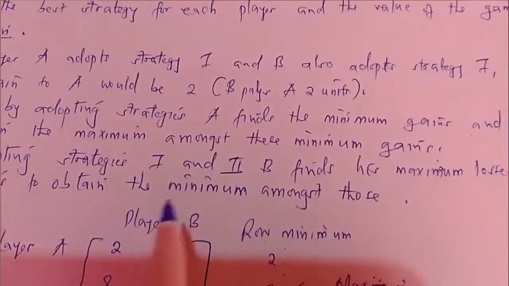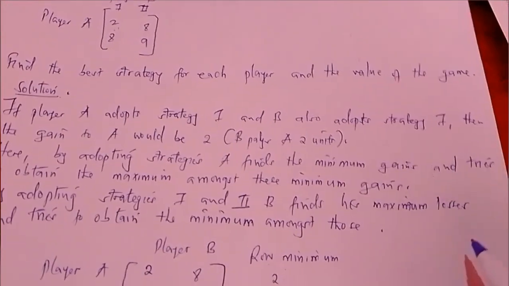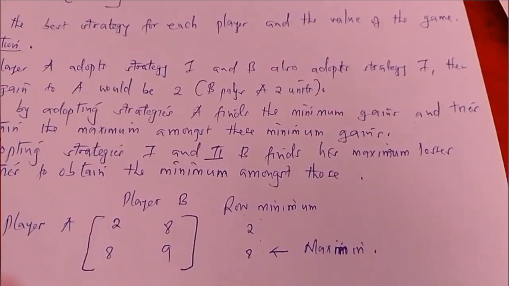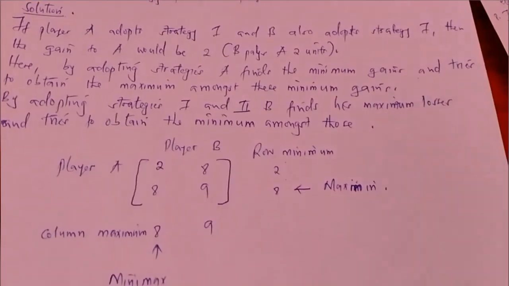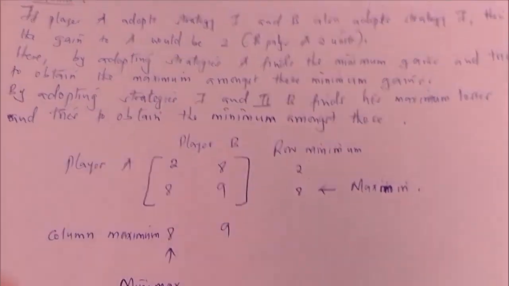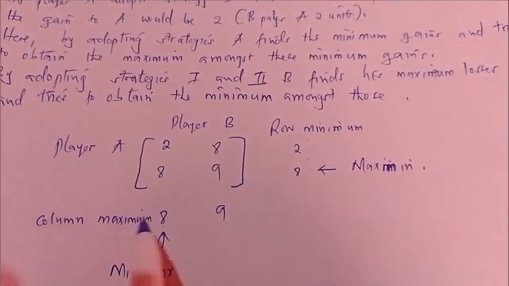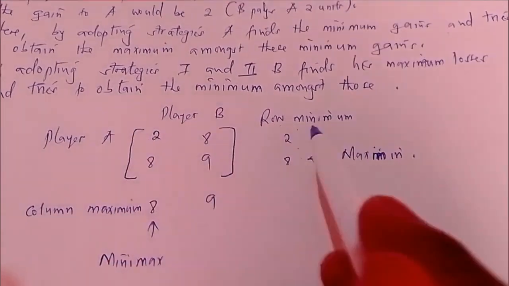By adopting strategies 1 and 2, B finds his maximum losses and tries to obtain the minimum amongst those. So we start by finding the row minimum and the column maximum. These are the columns, and these are the rows.